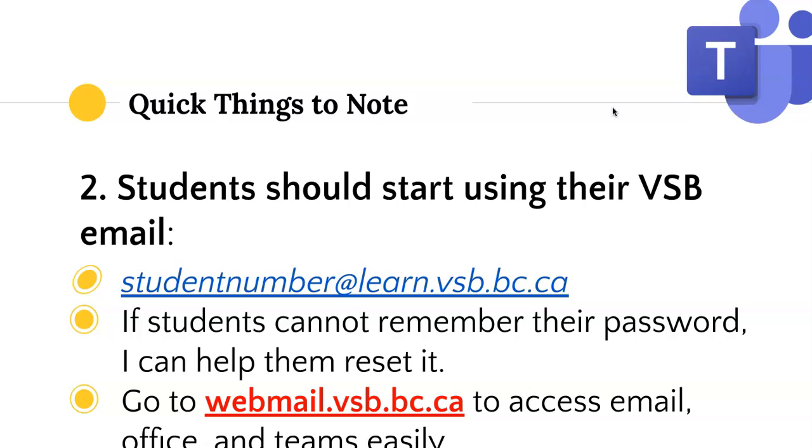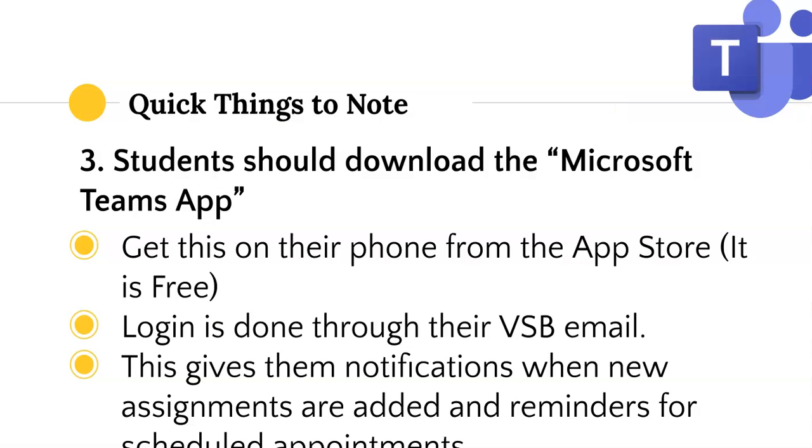And how they should probably start and access this, I would recommend going to webmail.vsb.bc.ca and creating a bookmark, because from there you get your email and you can access all of Office and Teams in the fastest way, in my opinion. The third tip I would recommend is students should download the Microsoft Teams app. If they do have a smartphone, I know not everyone does, they can get this for free from the App Store.